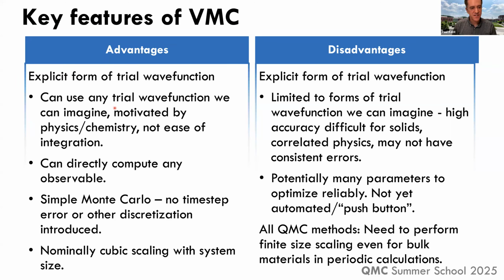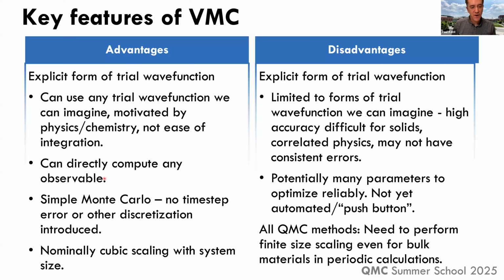We could use a very sophisticated quantum chemical result and further change it. And we're not restricted by the ease of doing numerical integration over that wave function. We only need to be able to compute the value of the wave function and its derivatives at that particular point. So that is much easier for the Monte Carlo if you have lots of correlations between electrons.